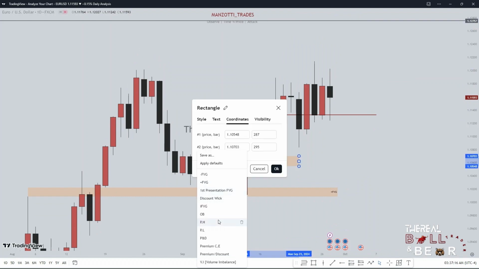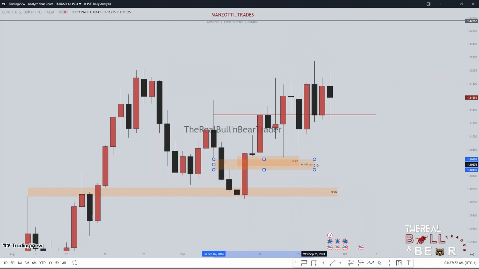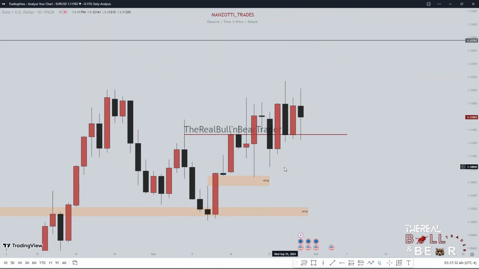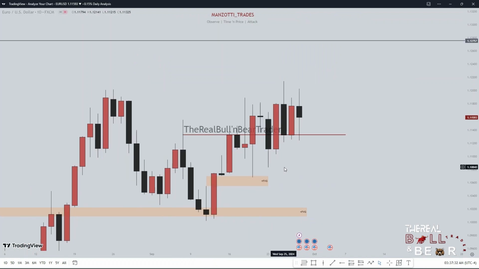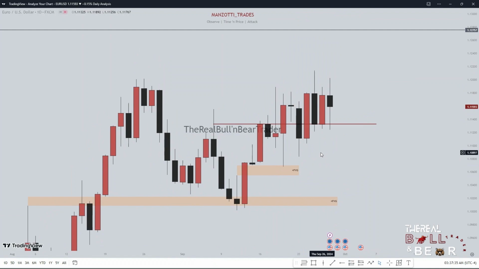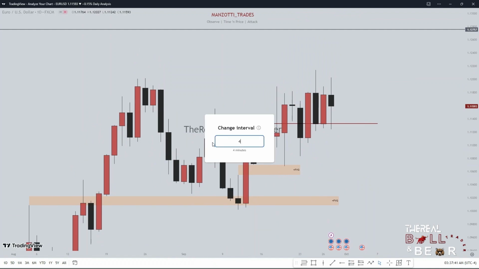You see this inversion fair value gap, it didn't get triggered. So don't stress, guys. So I'm still bullish on daily. You can see I've explained everything here. Now we're moving to 4 hour, which is my last time frame to analyze.